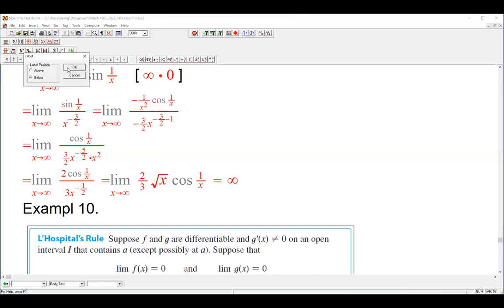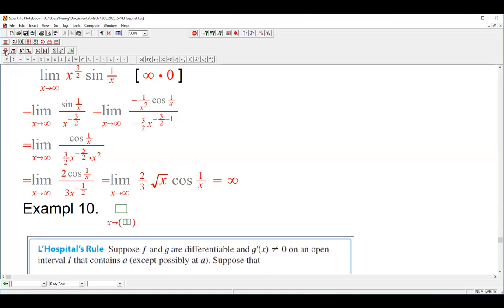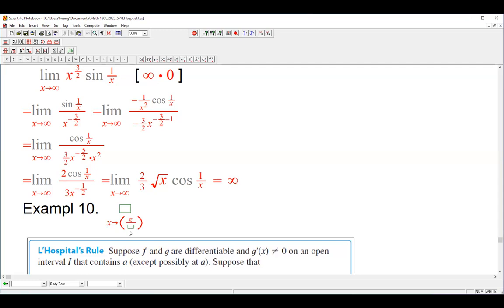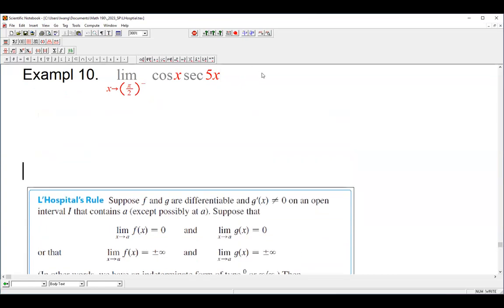This limit is when x is approaching pi over 2 from smaller than pi over 2, and we're taking the limit of an expression, which is cosine x multiplied by secant 5x. I want to go over this example because I want you guys to be better at the trig functions.